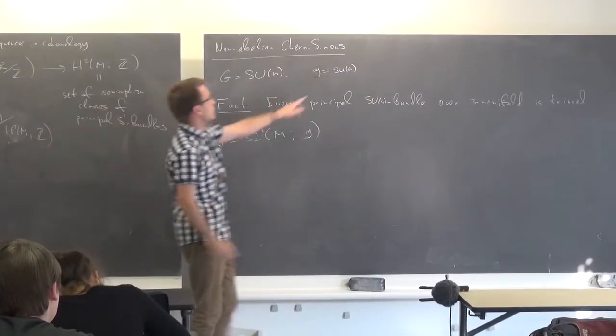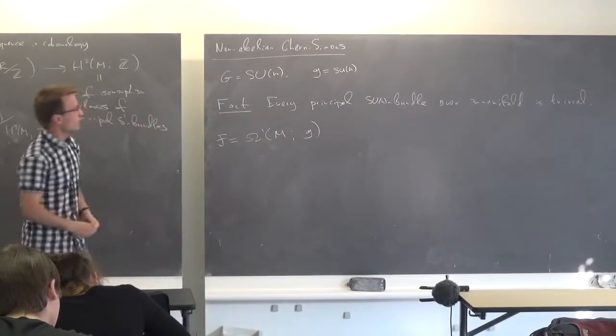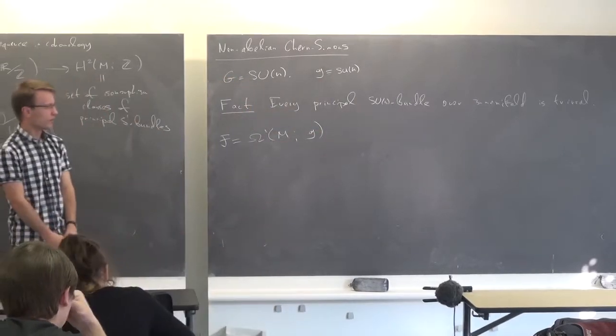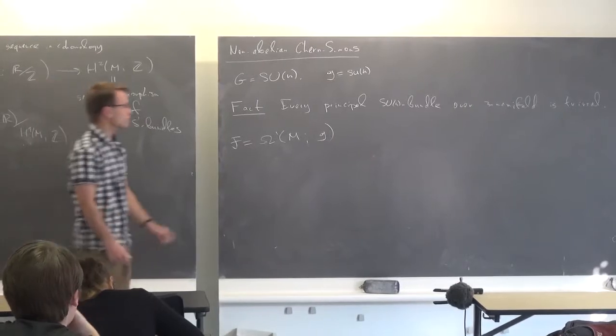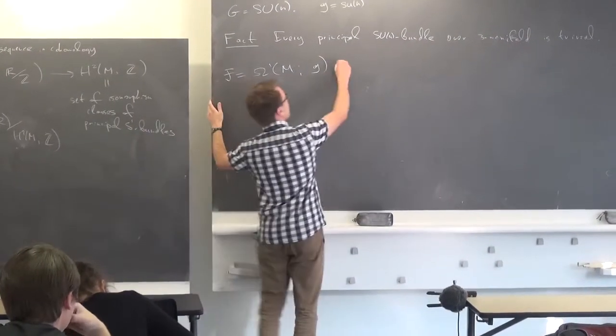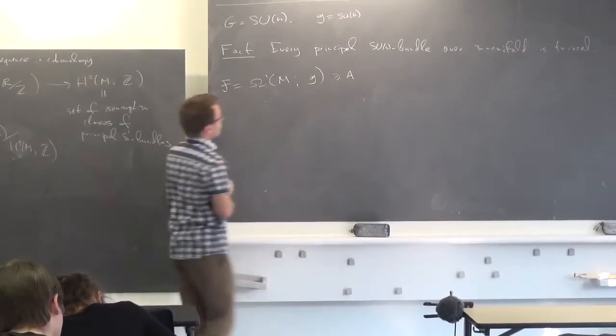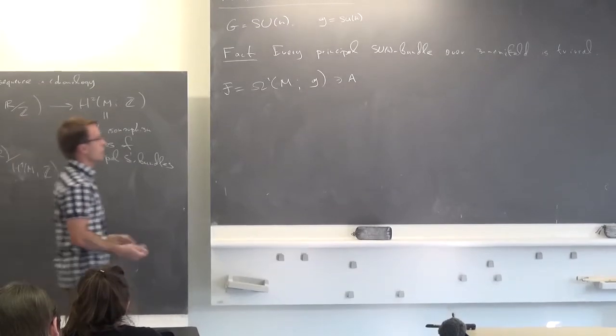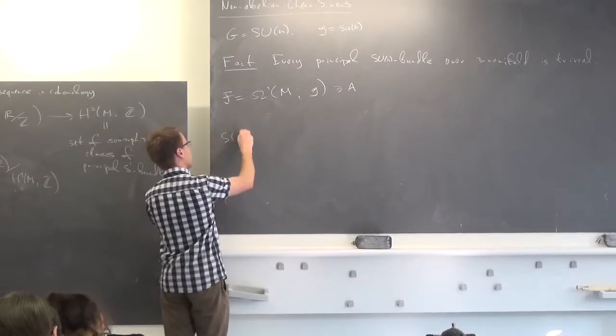I hope the difference is clear. The Lie algebra of SU(N) is given by skew-Hermitian matrices, which are traceless. So this is the space of fields, which is the space of connections in the trivial bundle. And given such a connection, you can write down the action.